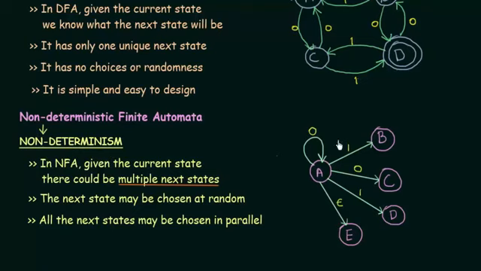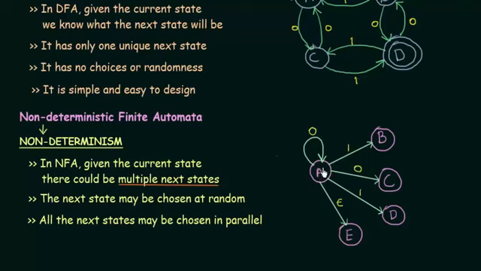Here I have a diagram of an NFA. In an NFA, given the current state, there could be multiple next states. We know that in a DFA, given one state, there is only one unique next state. But in an NFA, as I have shown here, given a current state, there could be multiple next states.